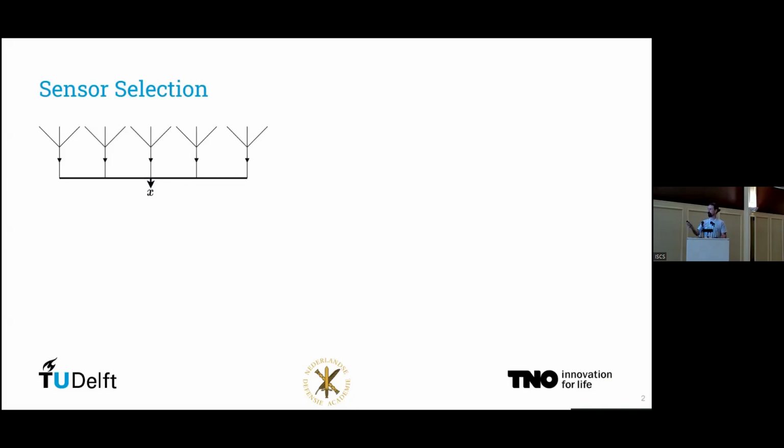Suppose we have some array, and from that array we collect data, which we concatenate in a vector X for every timestamp, but maybe we have too many antennas to process all at once.